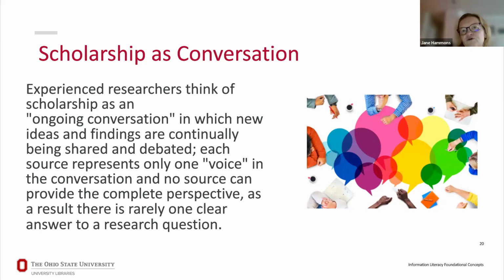It's that author's voice or that group of authors' voice in the conversation, but we know that there are other voices in that conversation. To really have that comprehensive understanding of a topic, and to have that perspective where we can see where bias might exist, we need to see all of those different perspectives. And so that's why we can't let our students just use one source to answer their research question. Because we think of this ongoing scholarly conversation, we know all of these sources are connected to each other.